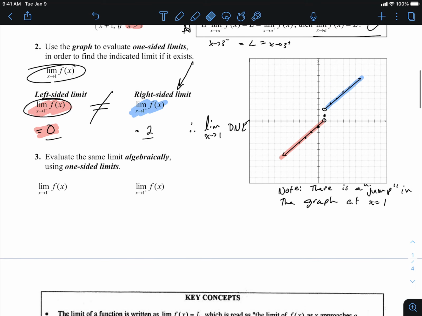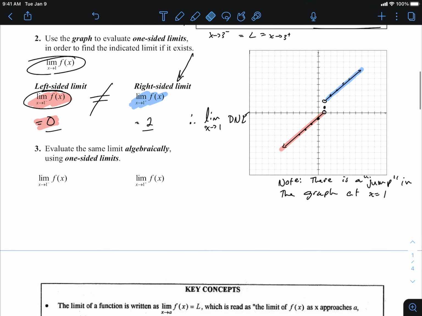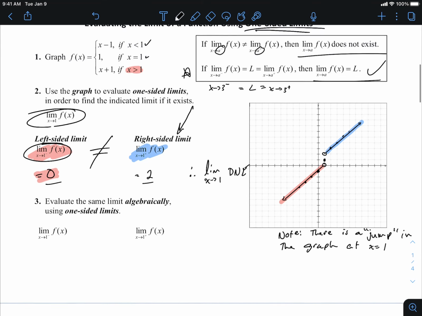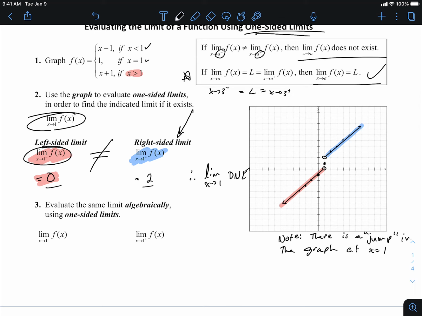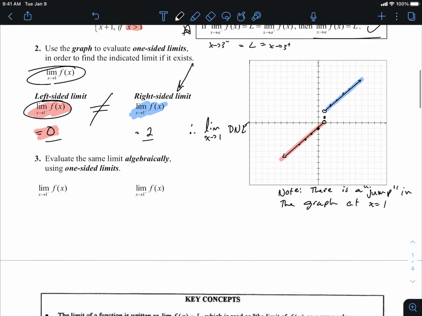Okay, so we could actually do this by plugging in the x values. If I take a look at what happens when I approach 1 from the left, I'm dealing with this equation, right? Because all the x values are less than 1.